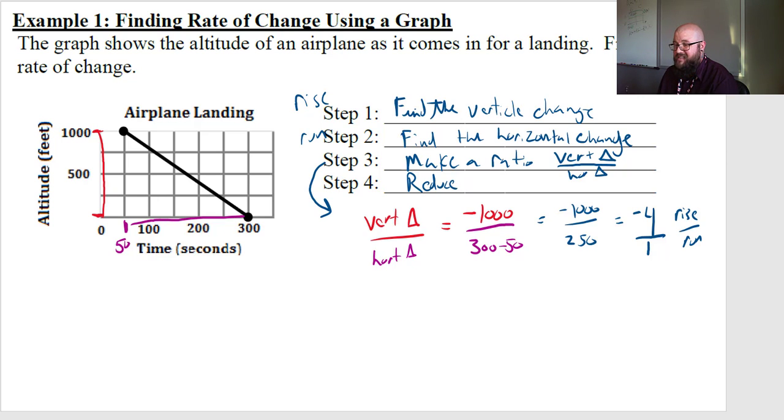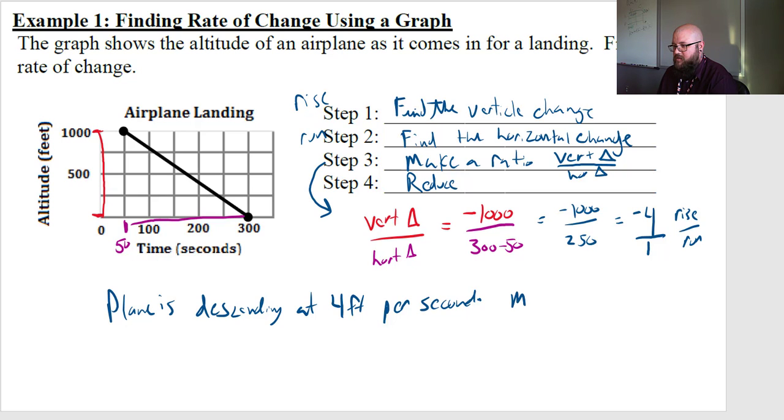So that means, in this case, the plane is descending at 4 feet per second, because our slope is negative 4 over 1.